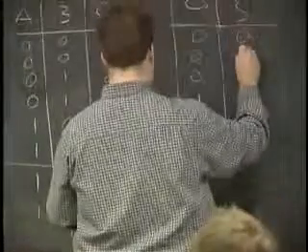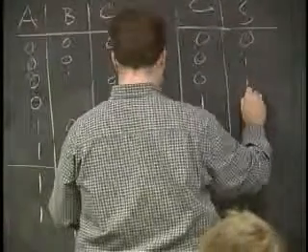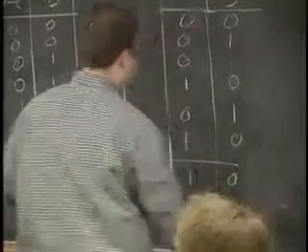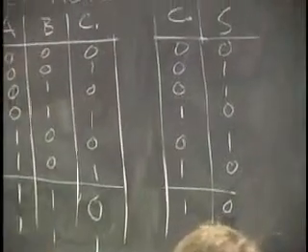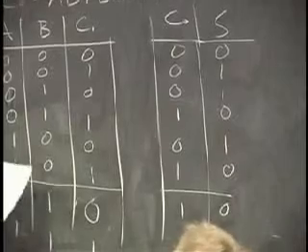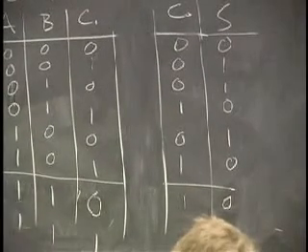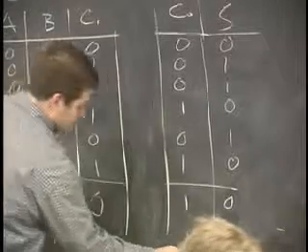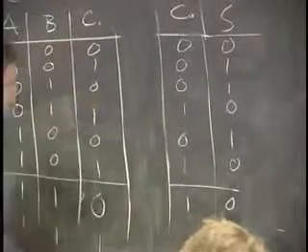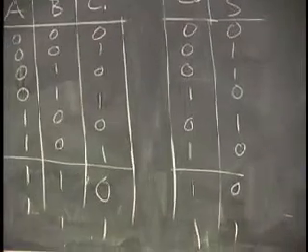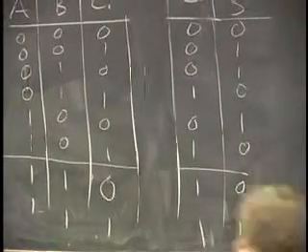So 0, 1, 1, 0, 1, 0, 0, 1. Okay? If you view that as output binary digits, it's 0, 1, 1, 2, 1, 2, 2, 3, which is exactly the number of ones in A, B, and C. Okay. Can someone lower their head for just a second? Nice, thank you.